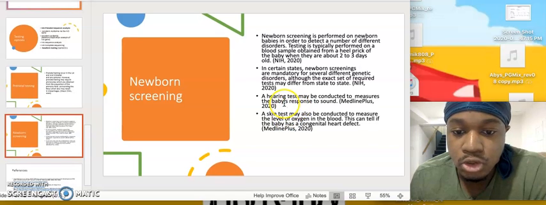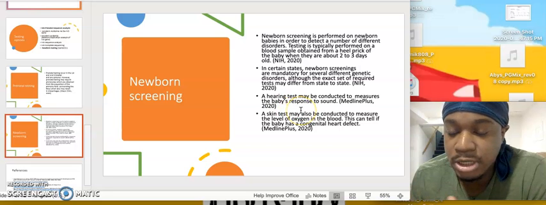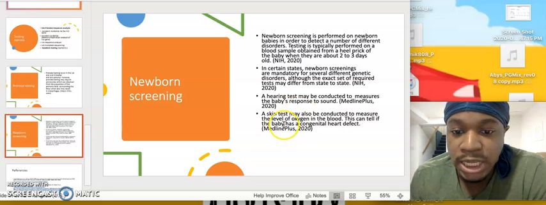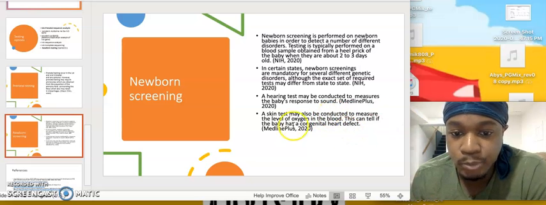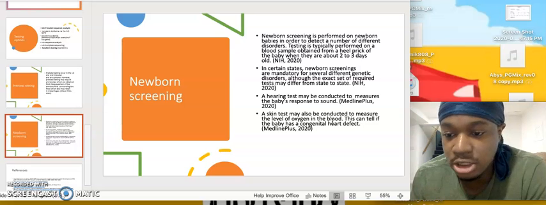They can also do a hearing test, which is conducted to measure the baby's response to sound, as well as skin tests to measure the level of oxygen in the blood. And this can tell if the baby has a congenital heart defect.